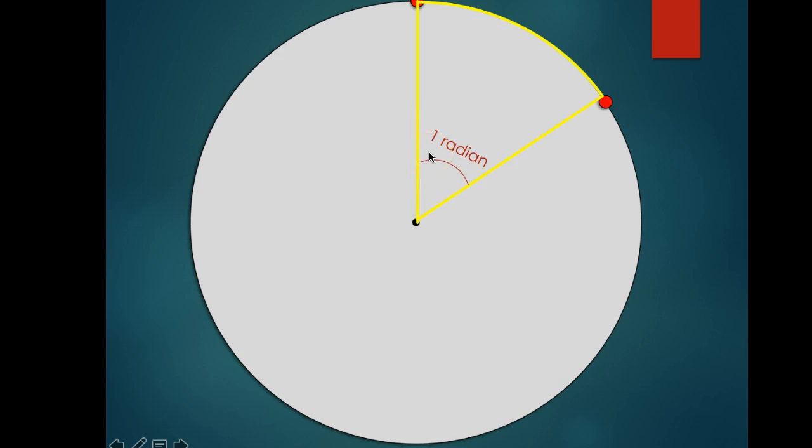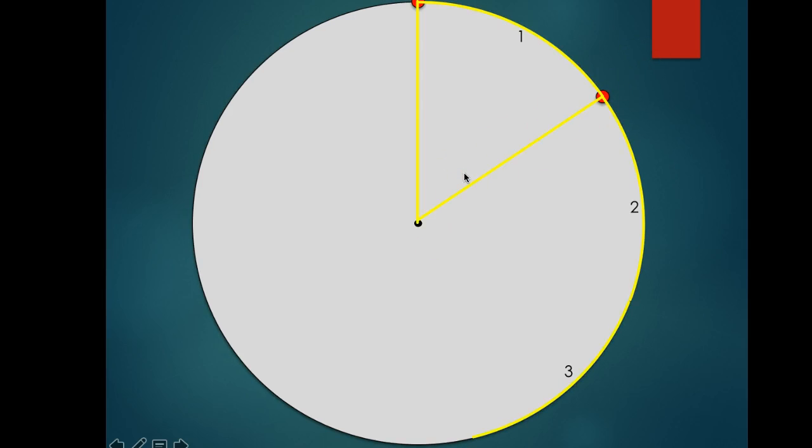Let me show you again. So we took the radius and mapped it up against the arc of the circle, and this slice of pie has an angle of 1 radian, and if we stick them around the circle, there are 6.28 radians.